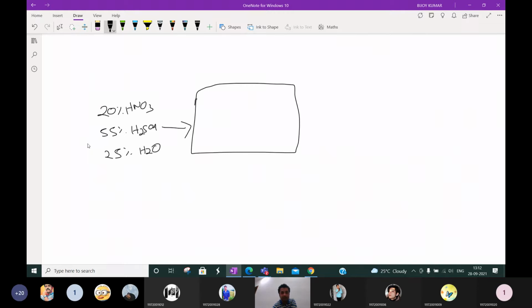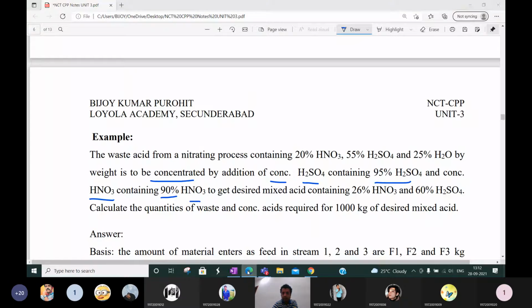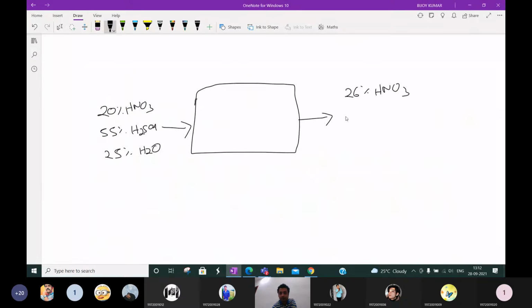So this is the waste acid. What is the product? The product is 26% HNO3 and 60% H2SO4. This is the product we want. This is the input from the nitrating process, the waste acid. So we have to convert this composition to this composition.